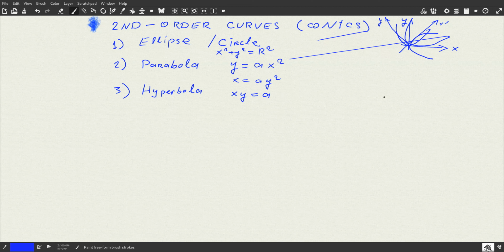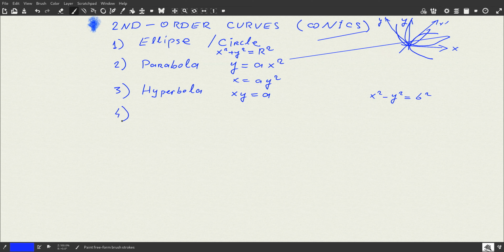It could be written, for example, like x squared minus y squared equals b squared, as just one of the examples. The more general situation will be studied later. So in general, yes: ellipse, parabola, hyperbola.